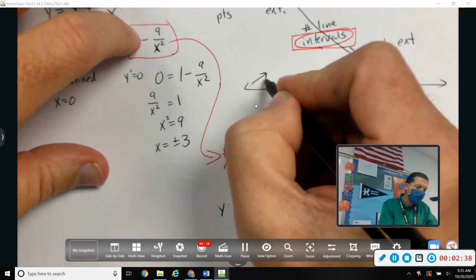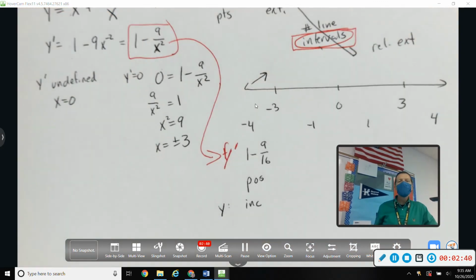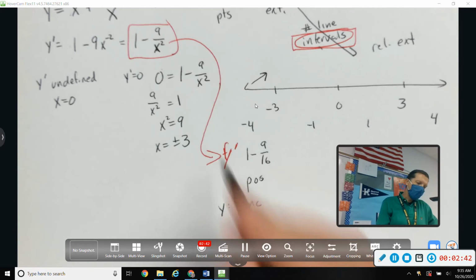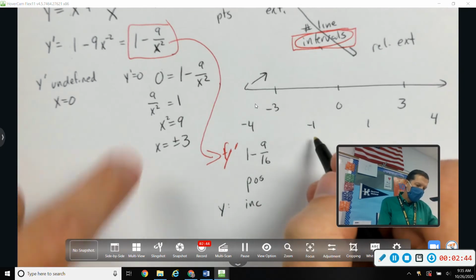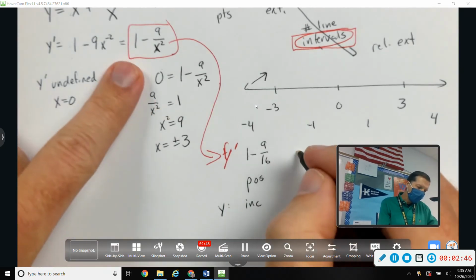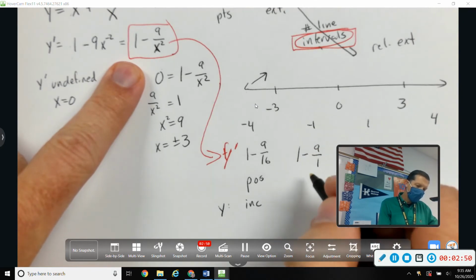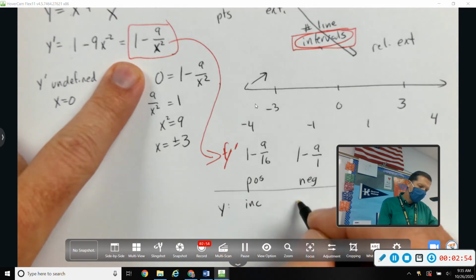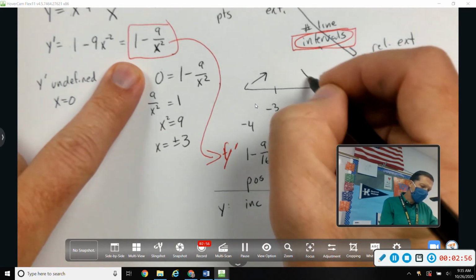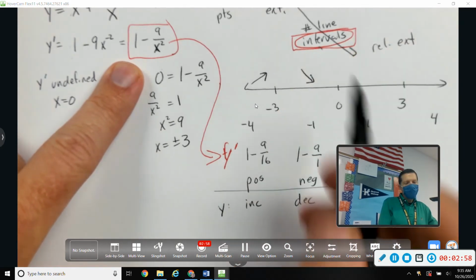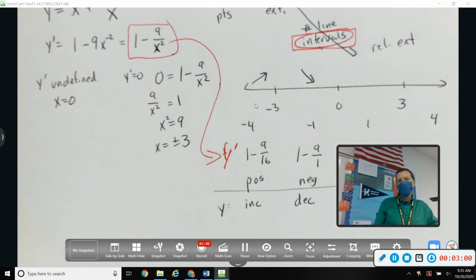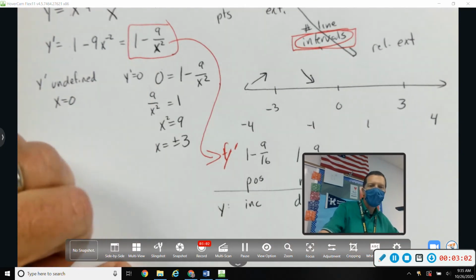If you want to see a picture of it, you can do the little arrow because y prime is positive. If I plug in negative 1, 1 minus 9 over 1, that's negative. So that means y is decreasing. Again, I don't have to have the picture, but for some people the visual of what's going on is helpful.